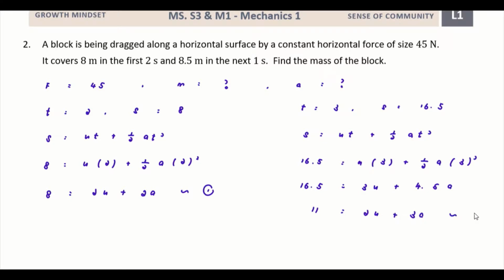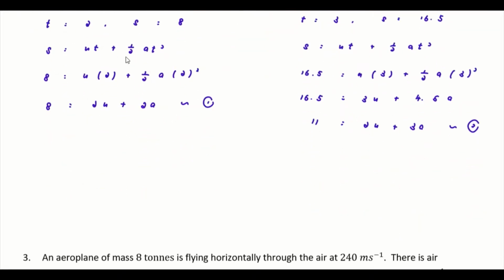Okay, so you can see that it's just nice that we have 2u and 2u, so we can straight away solve for a here. By using the second equation minus the first equation, we get 3a minus 2a, which equals 11 minus 8. So we get a equals 3 meter per second square.